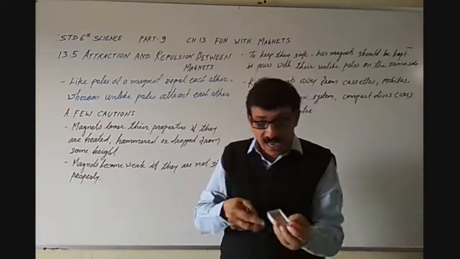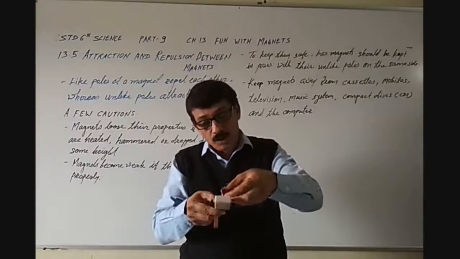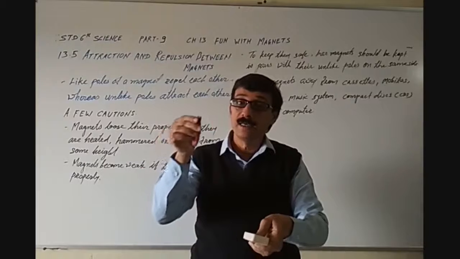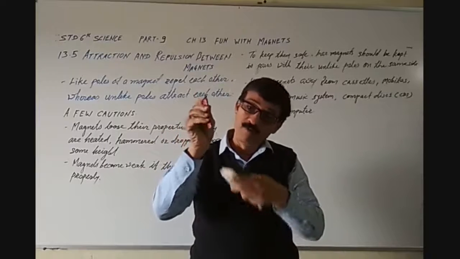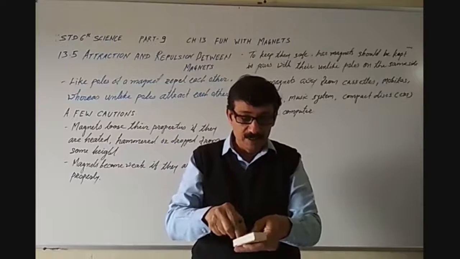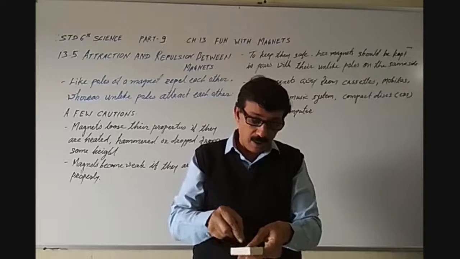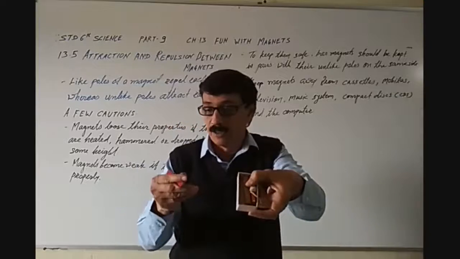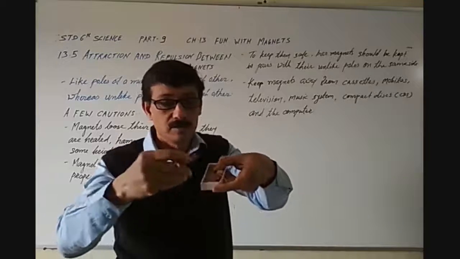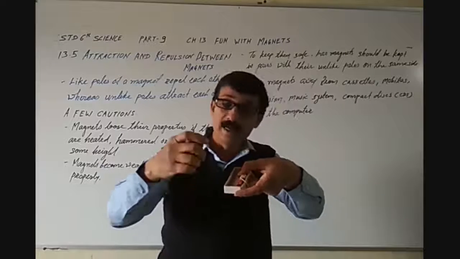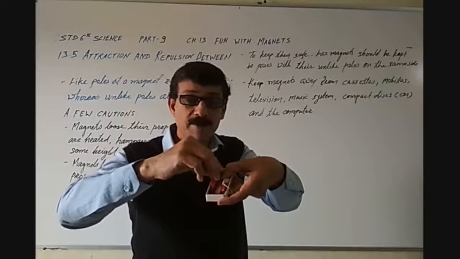Now I should keep this north pole here, then here I should keep the south pole of this one. You can see south pole. But in between I should keep a piece of wood, and once again I should keep like this.